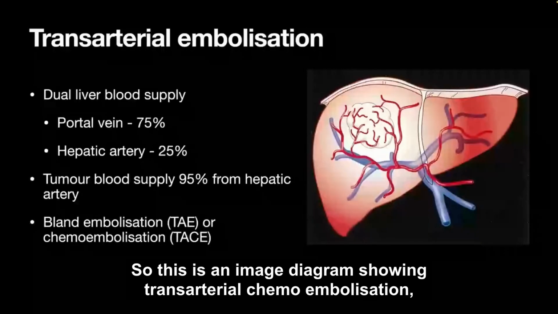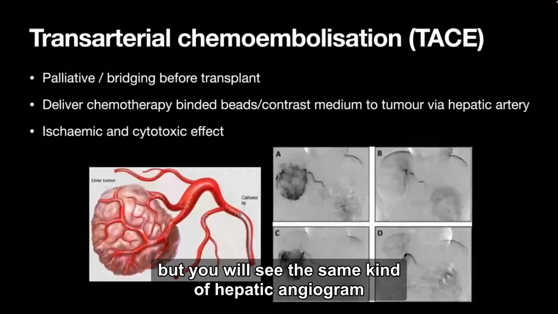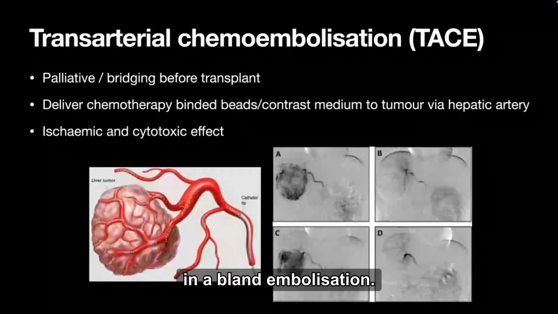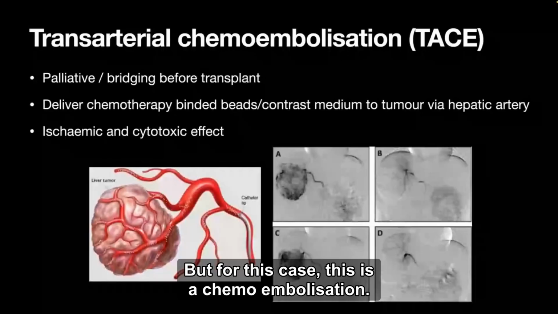This is an image diagram showing transarterial chemoembolization, but you will see the same kind of hepatic angiogram in a bland embolization. You can't tell by just looking at the hepatic angiogram, but for this case, this is a chemoembolization.